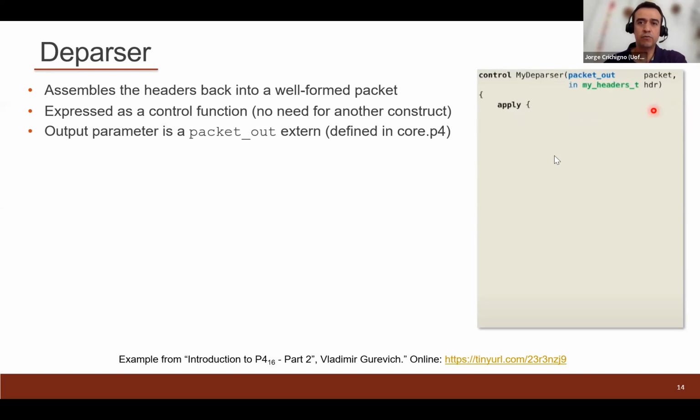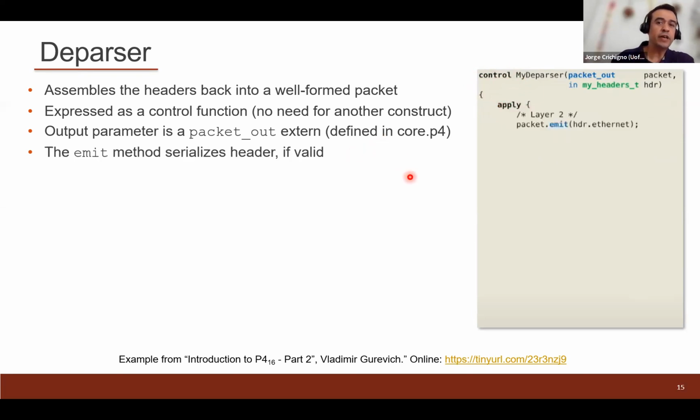Now, how do we build this deparser? Again, first, notice that this is just a control. We are familiar already with the control. We have a module applied, and then we have a method over the packet that is called emit. And what emit will do is serialize the header. In this case, we are starting with layer 2 because that's the first header.